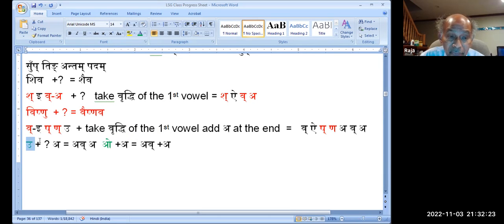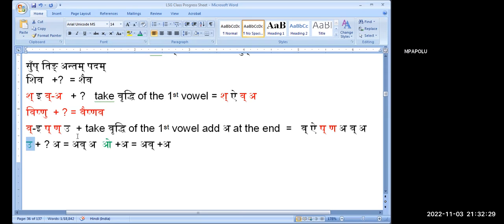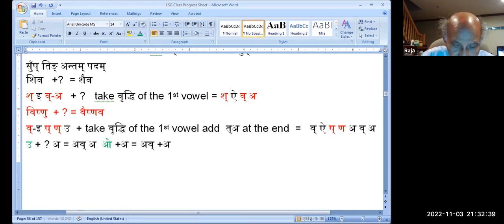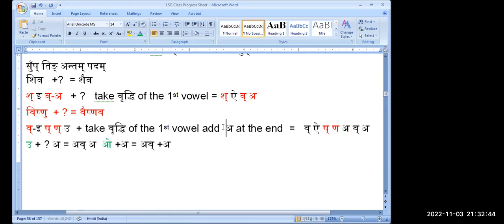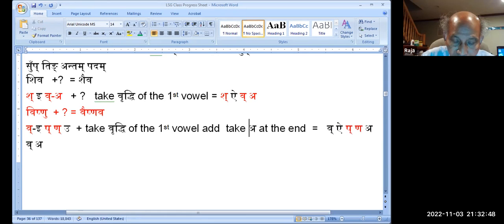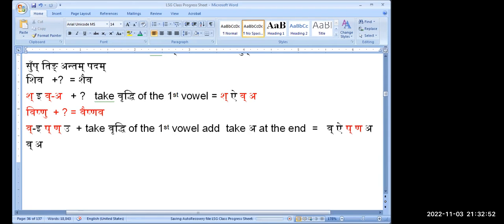O is the guna letter for U. The table you have forgotten. So what you have to do is take a Vruddhi of the first vowel, then take Guna of the final vowel, and add A.